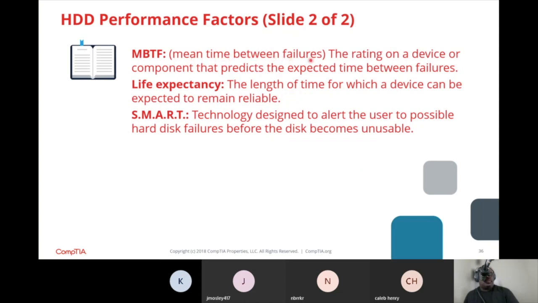MTBF, mean time between failures, is the rating on a device component that predicts the expected time between failures. Life expectancy is the length of time for which a device can be expected to remain reliable. And SMART is technology designed to alert the user to possible hard disk failures before the disk drive becomes unstable.